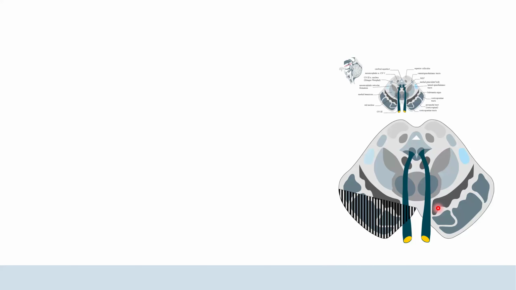Moving now to this. Is this the midbrain? Is it the pons? Is it the medulla? Midbrain, okay. Is this upper or lower midbrain? Upper. Why are we saying upper?